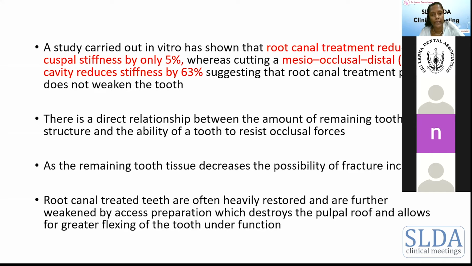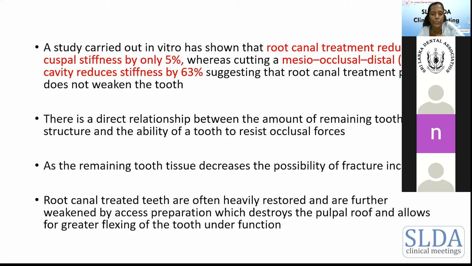There is a direct relationship between the amount of remaining tooth structure and the ability of the tooth to resist occlusal forces. That is, if the remaining tooth tissue decreases, there is a high possibility of fracture. Most of the time, as I mentioned earlier, these root canal treated teeth are often heavily restored.